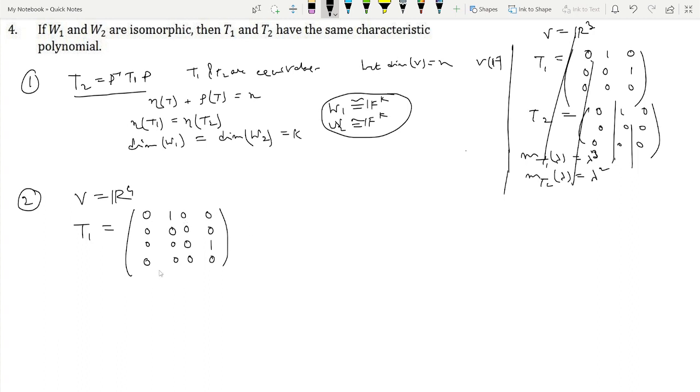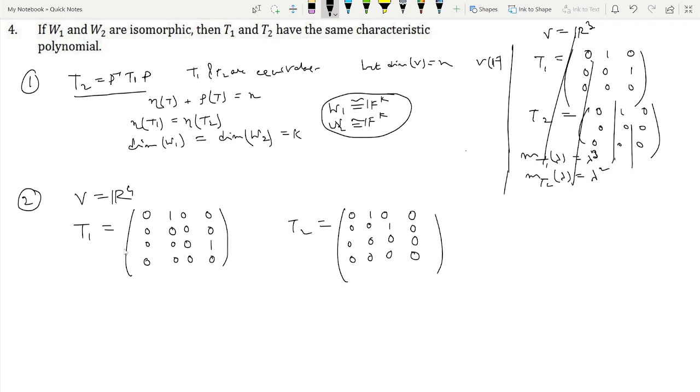And T2 is taken as one Jordan block of size 3, so there are 1s and the other elements are 0, and one Jordan block of size 1, which is 0 simply.